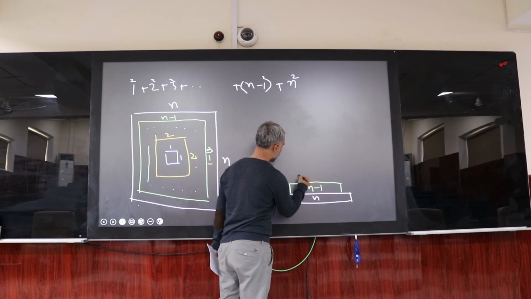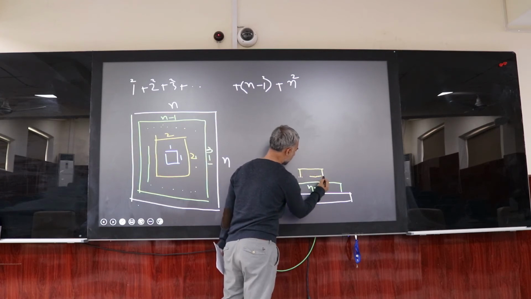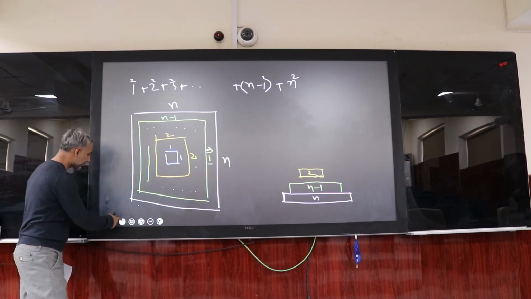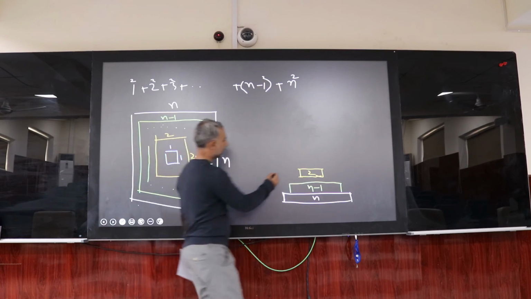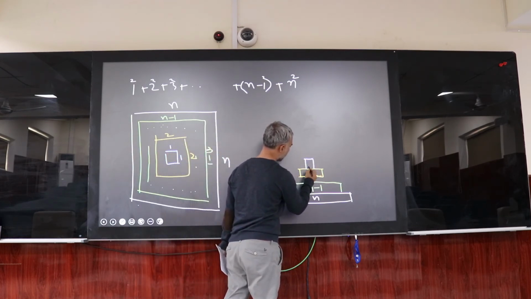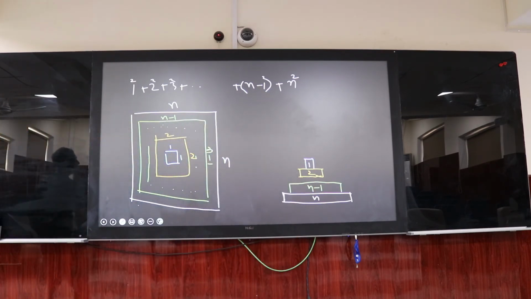So there is some 2 by 2, one-sided view. And after this, there is a smaller one. Is it clear? Now, we want to measure its volume.